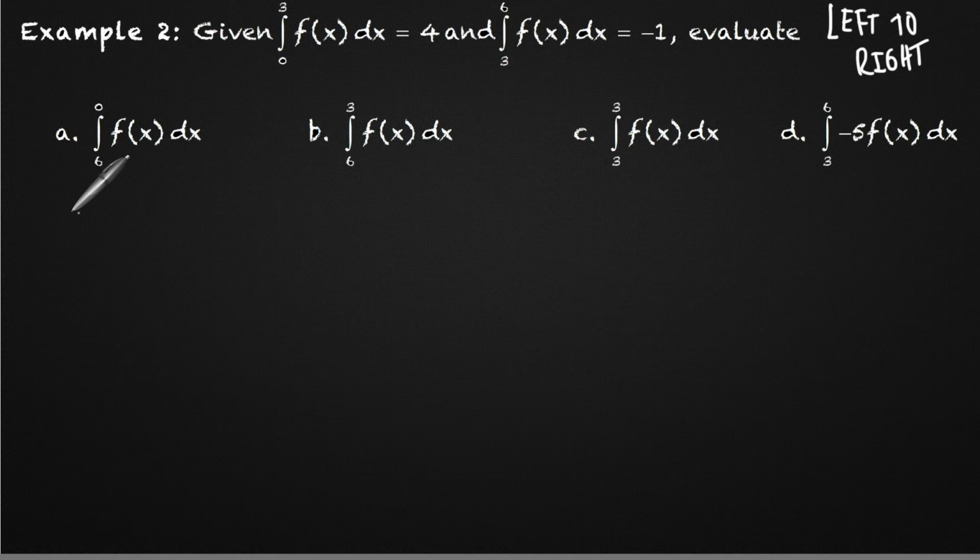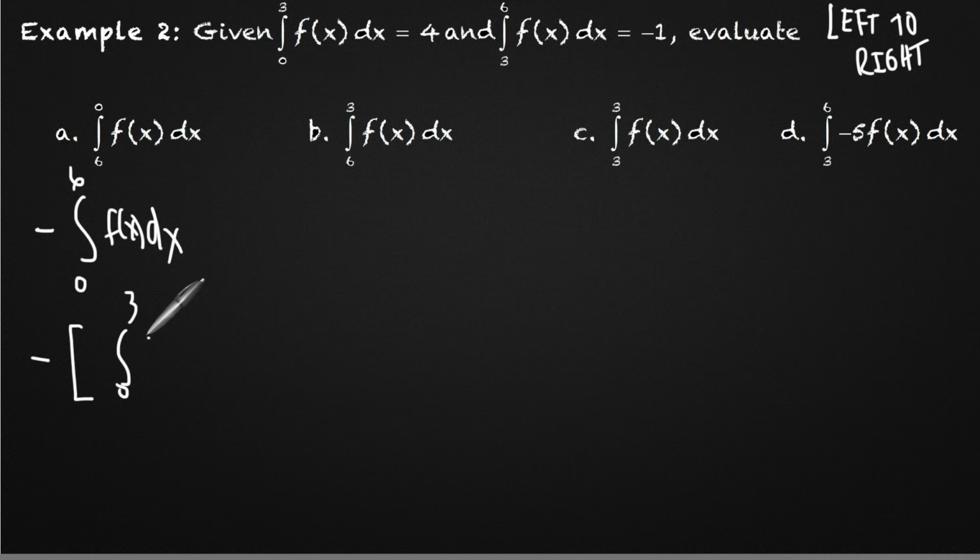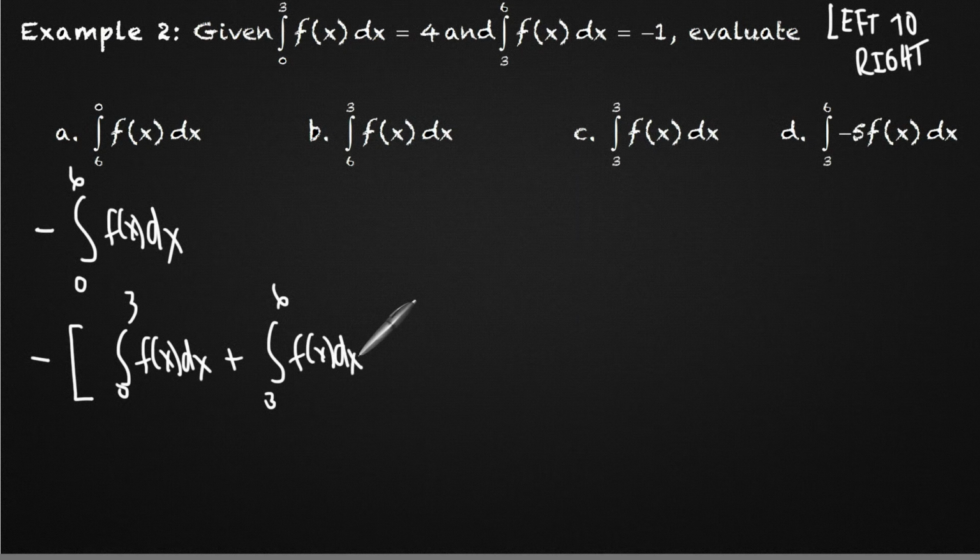All right, so we're going to rewrite this as negative the integral from 0 to 6 of f of x dx. So we're going to put a negative, and then we're going to break this thing up as the integral from 0 to 3 of f of x dx plus the integral from 3 to 6 f of x dx.